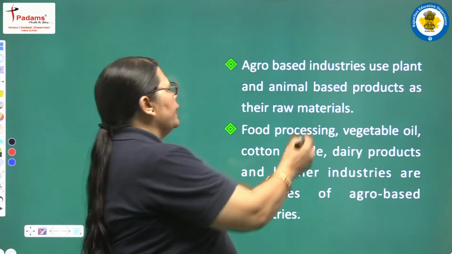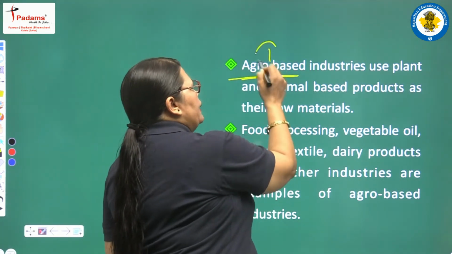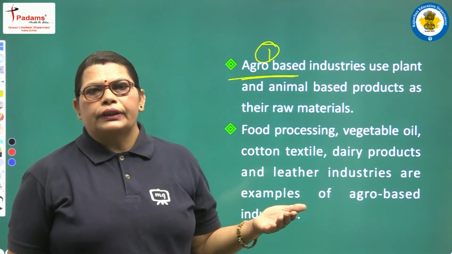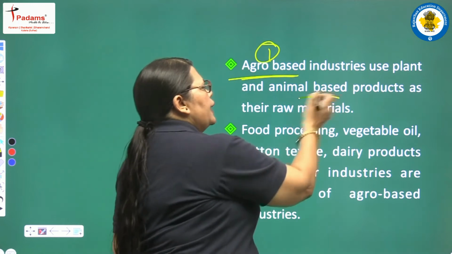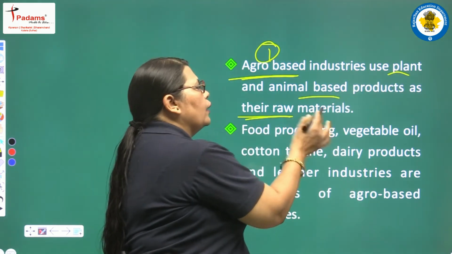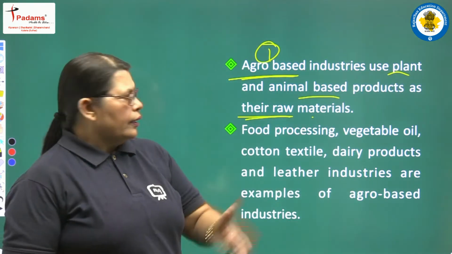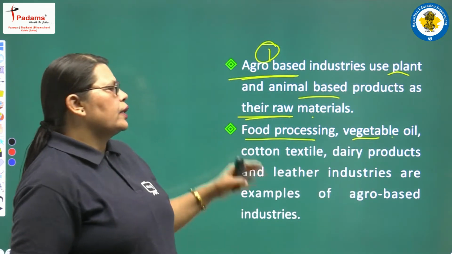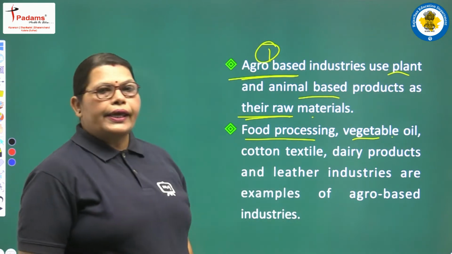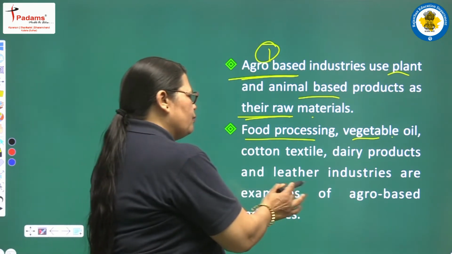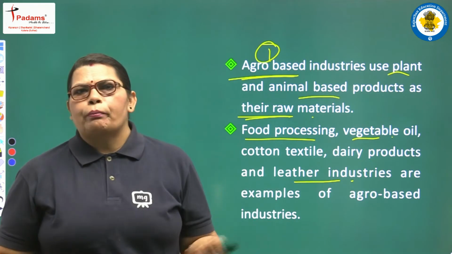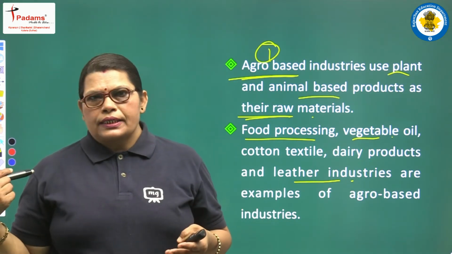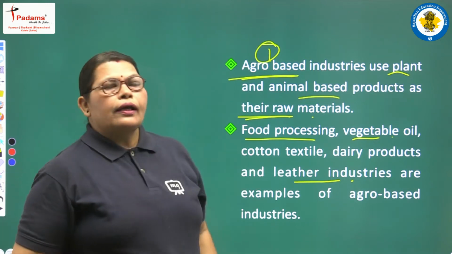When we are talking about agro based industries, it means industries based on agricultural things, which use plant and animal based products as their raw materials. Food processing is there, vegetable oil is there, cotton textile is there, dairy products are there. And when we are talking about leather industries, you are using belts, hats, bags, etc. All these come from the leather industries.